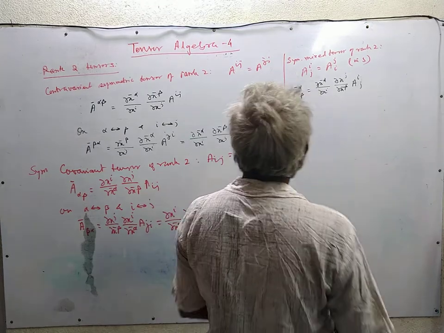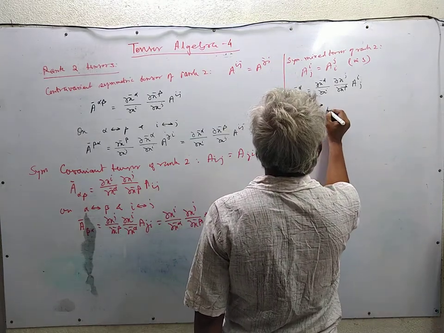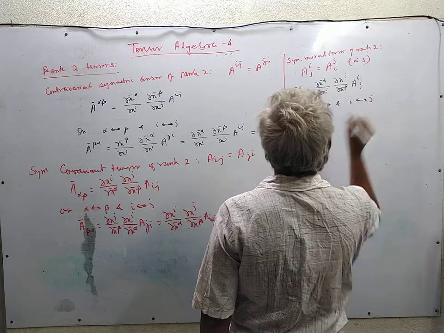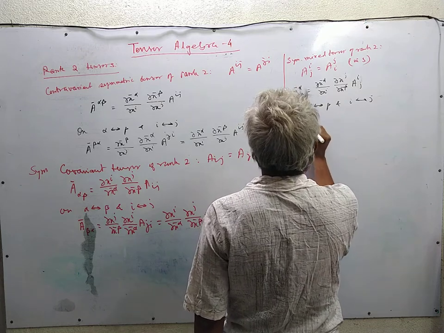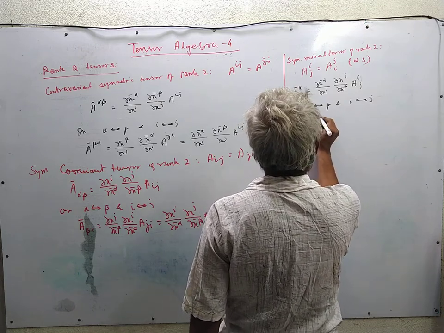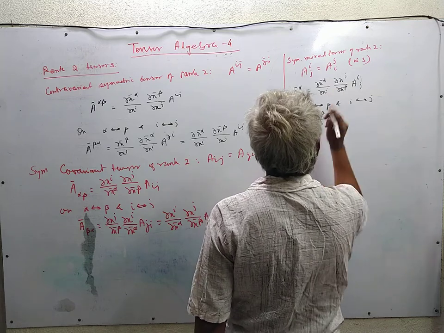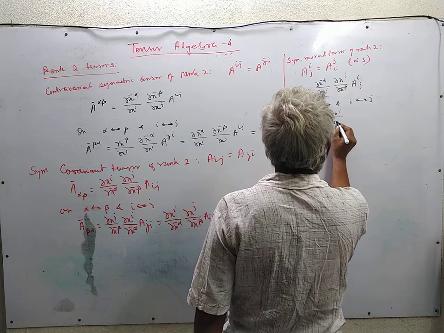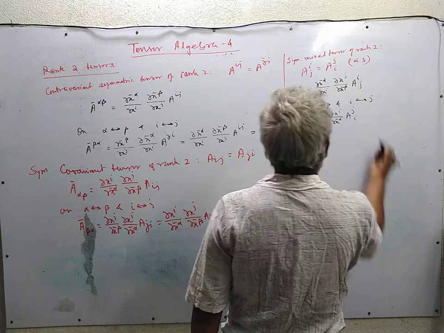Now we interchange alpha beta together with i and j. We get A bar beta alpha is equal to del x bar beta by del xj, del xi by del x bar alpha, A of ji.